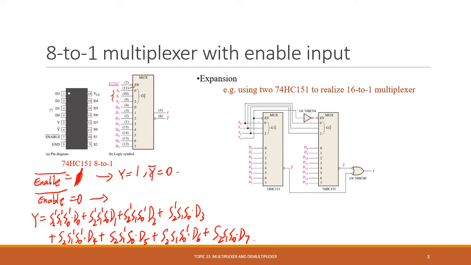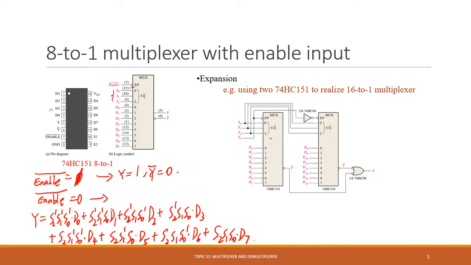So here we have S2, S1, S0, 3 select inputs for each of them. So we connect them together. Then we use the enables as another one. But all we have to do is put a NOT gate here. So at any time, only one of these 2 muxes will work. So that separates the 8 inputs. Totally, we have 16 inputs here.